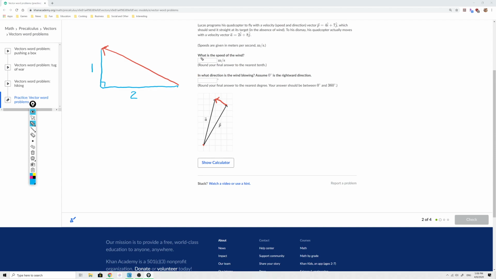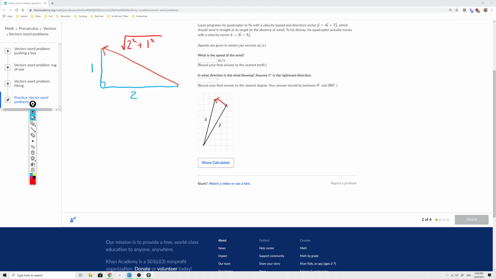So we have to do two things. To find the speed of the wind, that's to find the magnitude of this vector. That's the length of the vector. So we can use our formula for magnitude, which is, of course, the Pythagorean theorem. So the length of this vector is the square root of 2 squared plus 1 squared. So that's going to be the square root of 5.